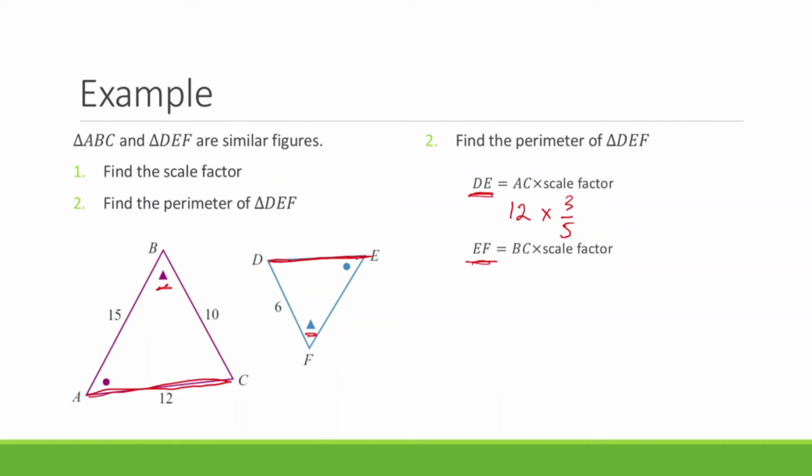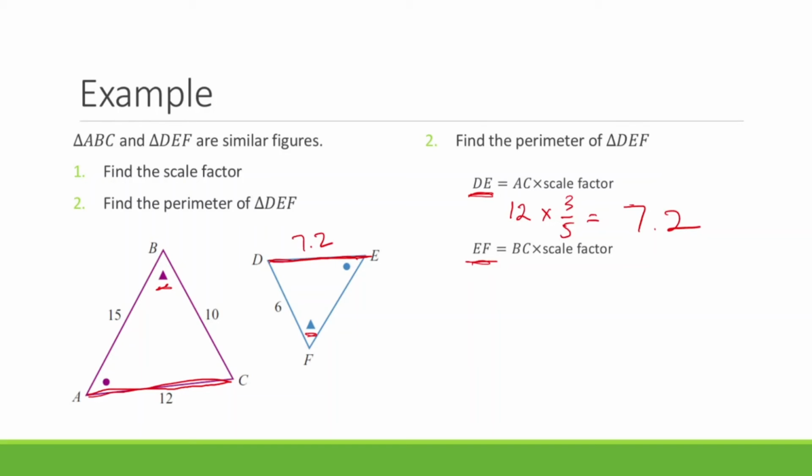Remember in the previous examples, the scale factor was 2 because it was double the size, and the scale factor was half because it was half the size. Now the image is 3/5 of the size, so we're going to times it by 3/5. And that is going to equal 7.2. So DE is 7.2.